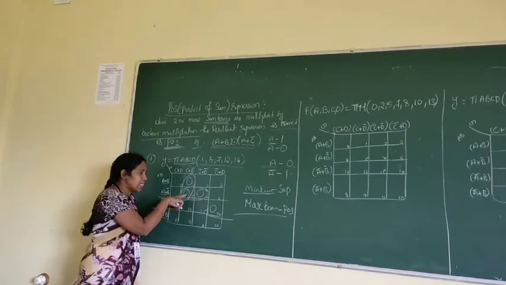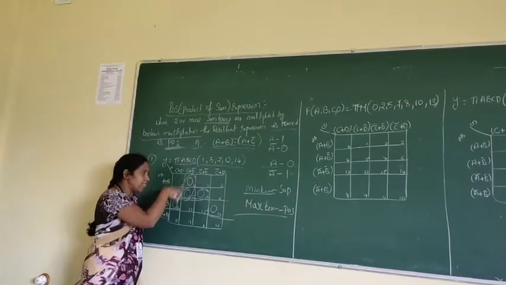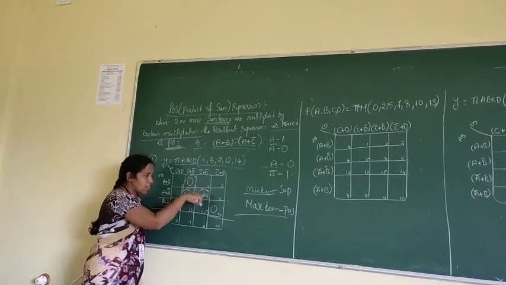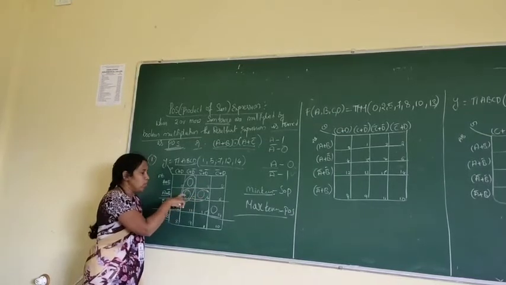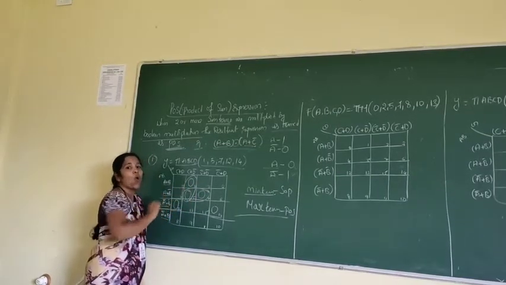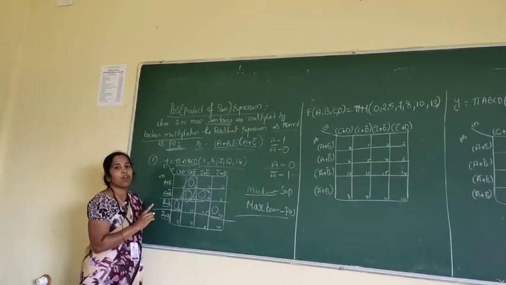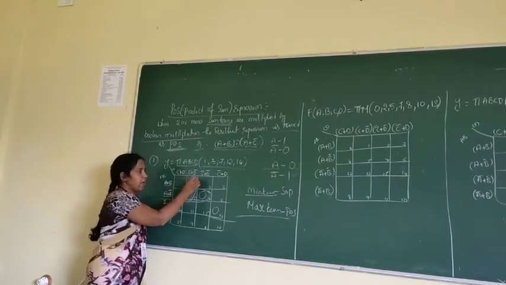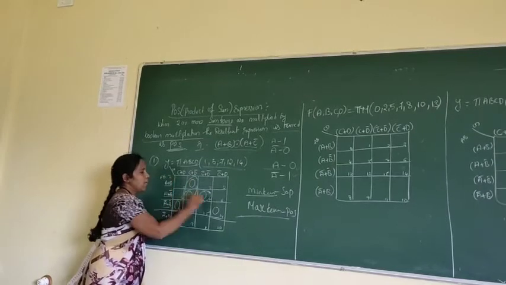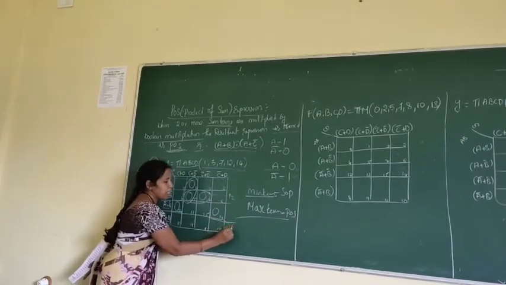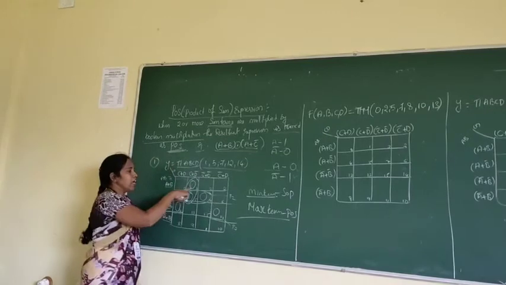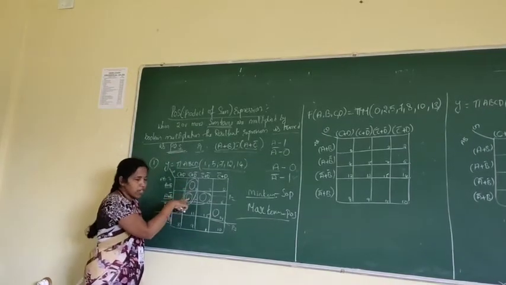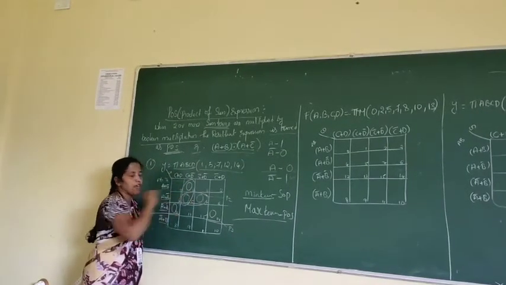This single zero is shared by pair 1 as well as pair 2. This is considered overlapping of the groups. So this 5 is shared by the first pair, P1, and P2. This I am considering as P3. So this 0 is shared by pair 1 as well as pair 2.